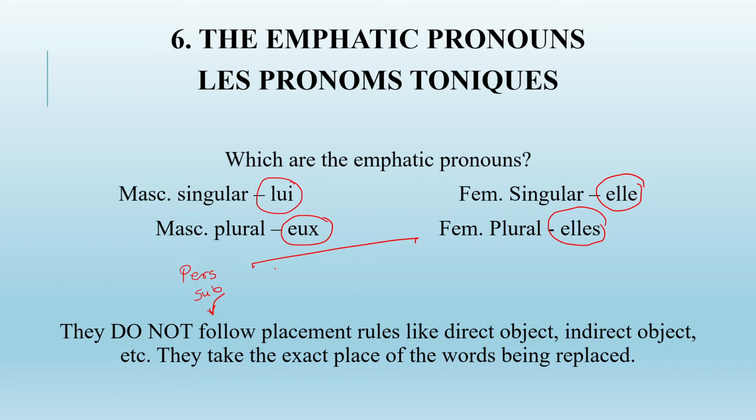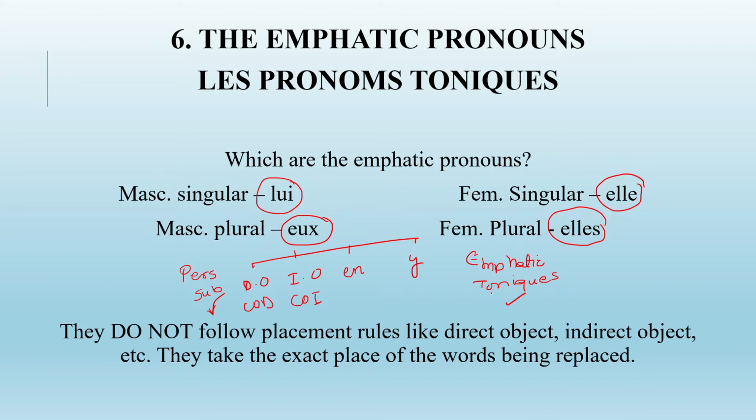For the next four types, that was direct object, COD, indirect object, COI, pronoun EN, and pronoun Y, that is why we are following the placement rules, right? The three placement rules. Now, for this pronoun, that is the emphatic or the tonic, whichever you want to call it, it is fine. Okay, they don't follow any placement rules. This is like the first type of pronoun, where we just drop the pronoun in the place of what was underlined, okay, in the exact place.